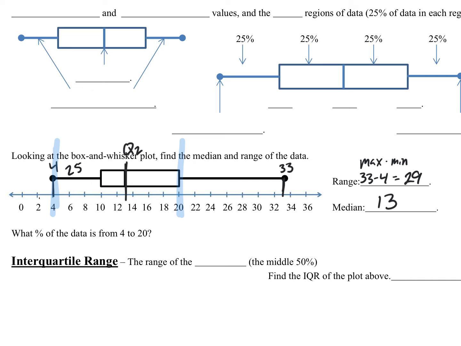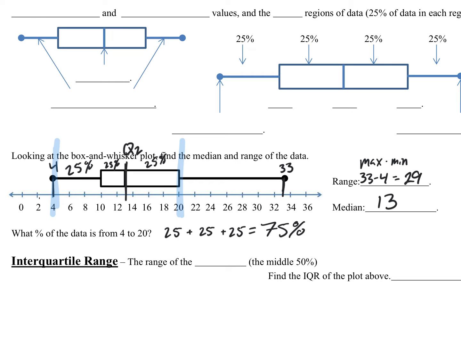We know that each quartile has 25% of our data points, even if they don't look even. So this range from 4 to 20 has 3 of our quartiles, which means we add those together and say it has 75% of our data, with the remaining 25% being over here in our last whisker.